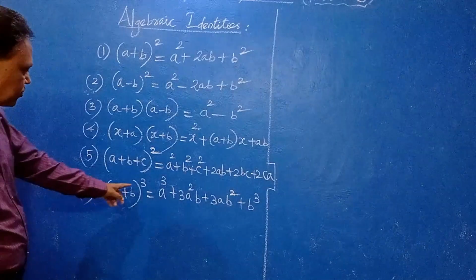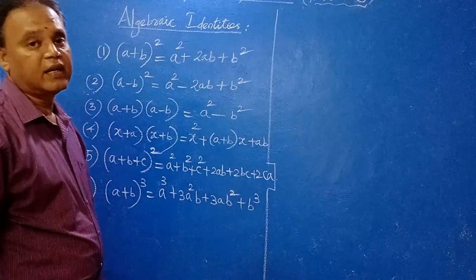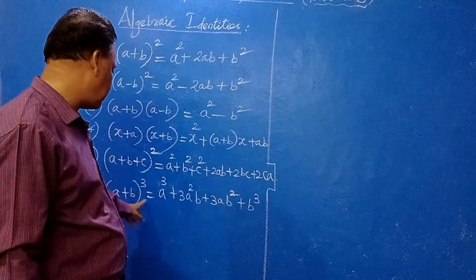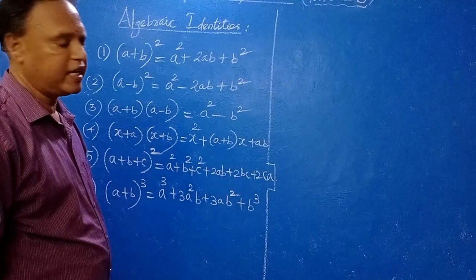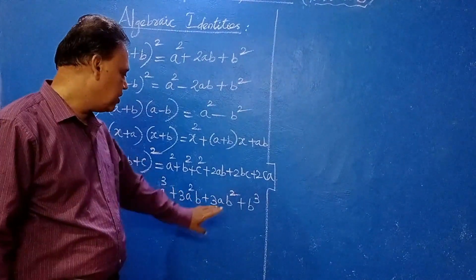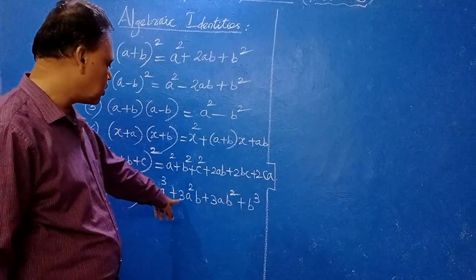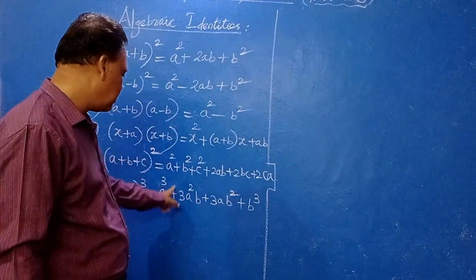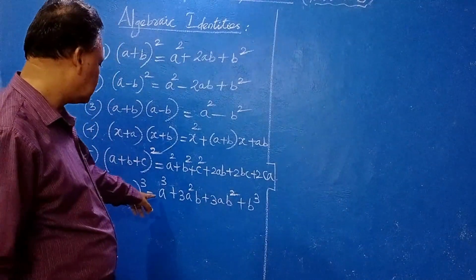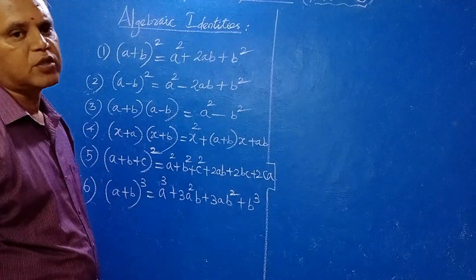Here you see the power of a is decreasing while the power of b is increasing. Since it is a cube, the coefficient 3 you remember in the middle terms. So a cube plus 3a squared b plus 3ab squared plus b cube.